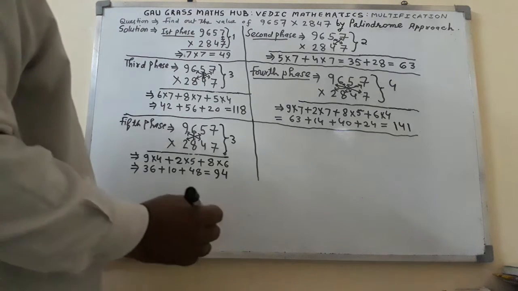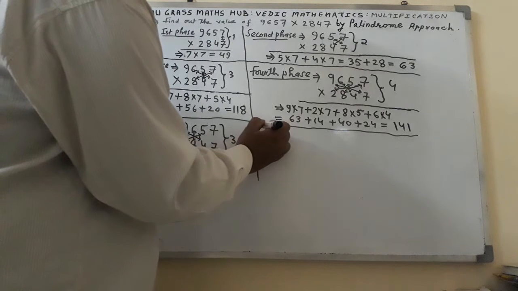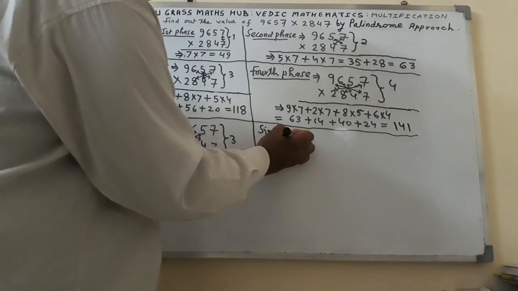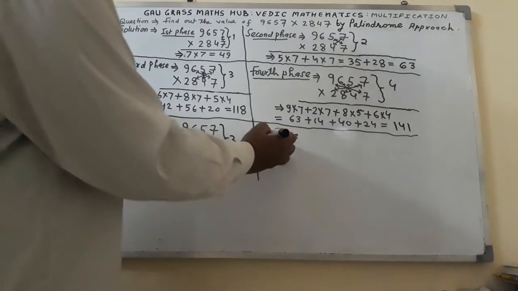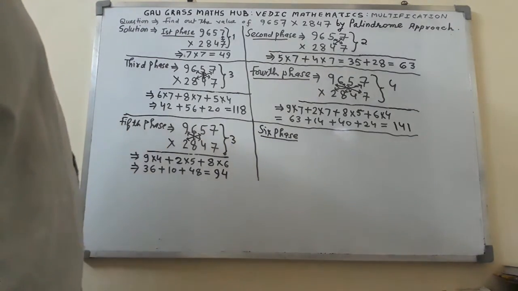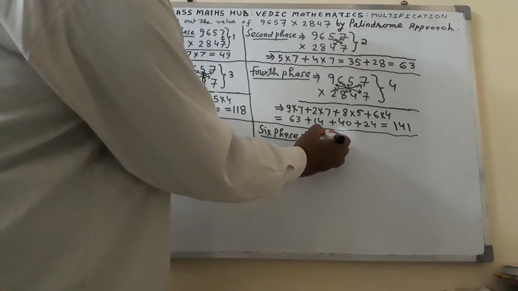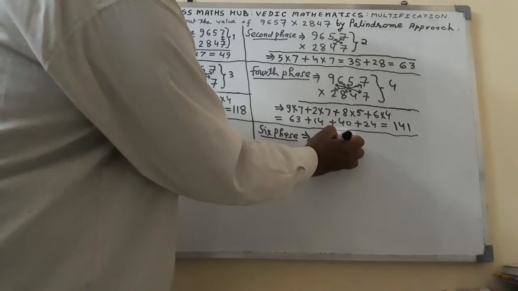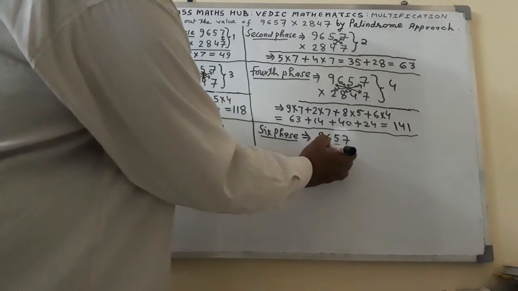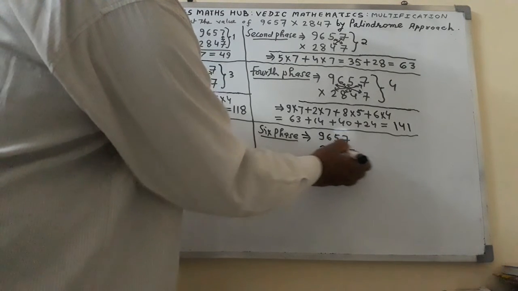94 you have got. Fifth phase done, after fifth phase, I shall write here sixth phase. Sixth phase. Let us see how sixth phase will be completed. For sixth phase, again I shall write, implied that 9, 6, 5, 7, here write 2, 8, 4, 7 into.